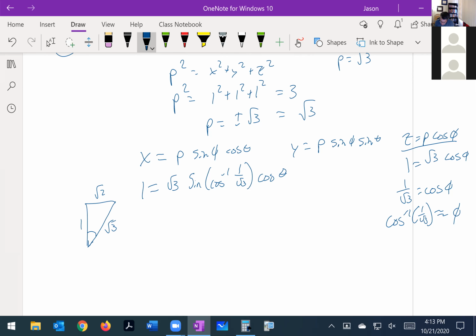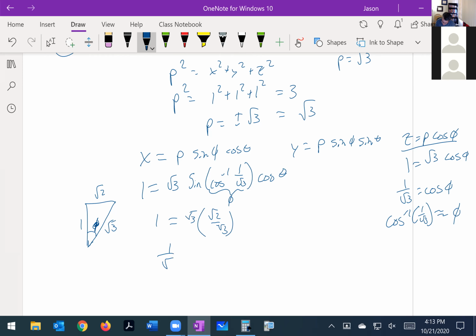That's the sine whose cosine is 1 over radical 3; this is phi, right? So that's phi. Because this is just angle phi, the sine of it is just going to be radical 2 over radical 3. Cancel out the radical 3.